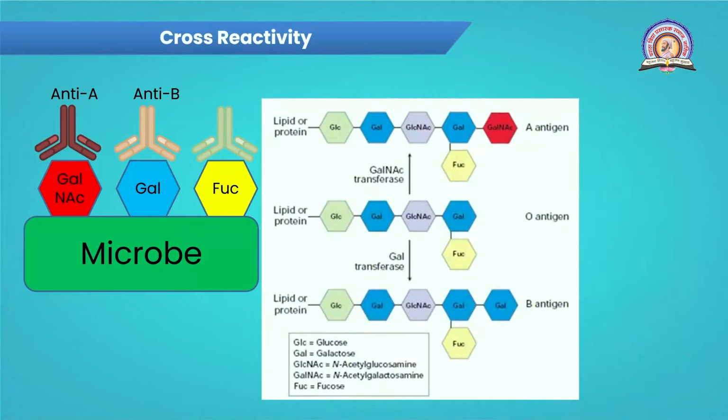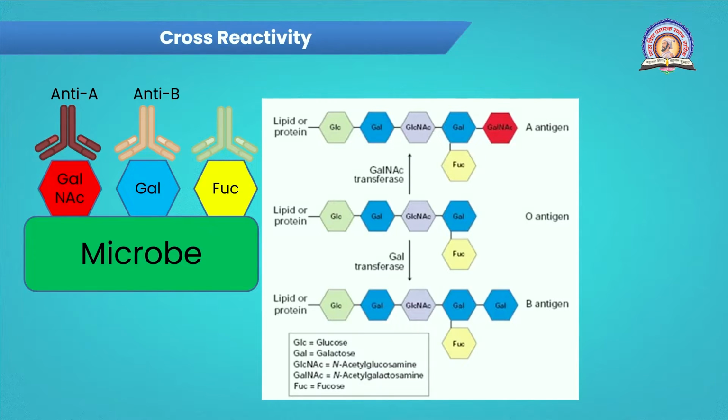But now I have told you the composition of your blood group antigens. What you can see in this figure is that N-acetyl galactosamine is present in A antigen and on the microbe also. Fucose is present in all three antigens and on the microbe also, and galactose is present in the B antigen and on the microbe again.